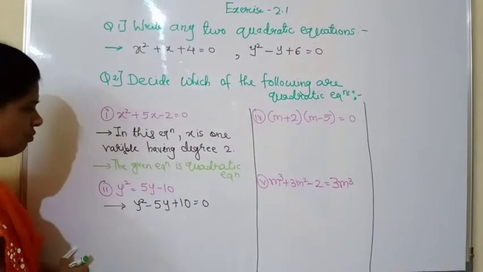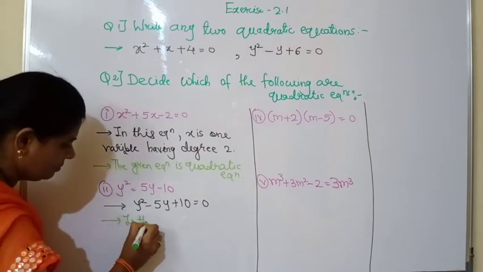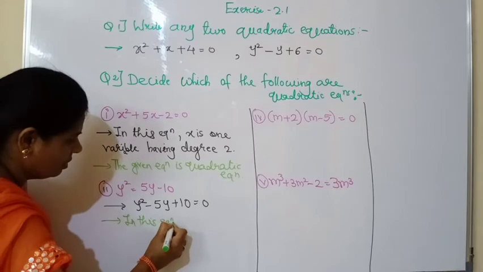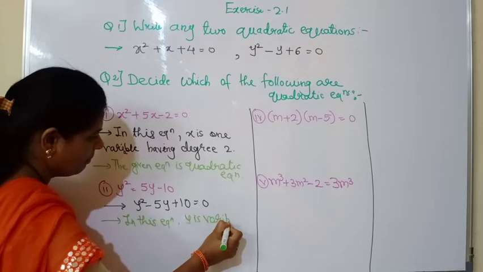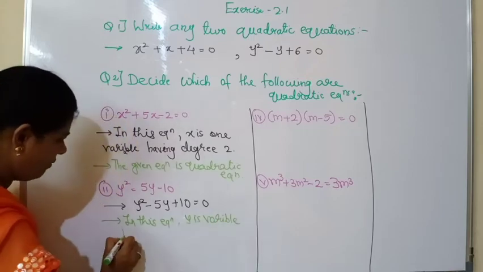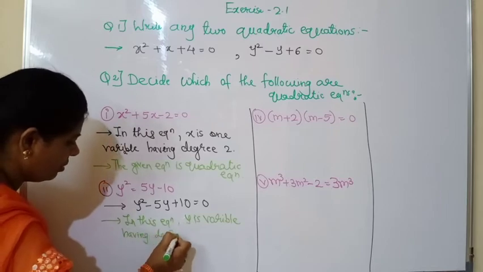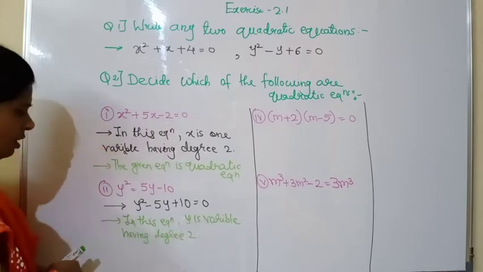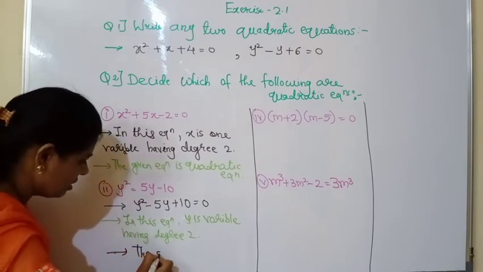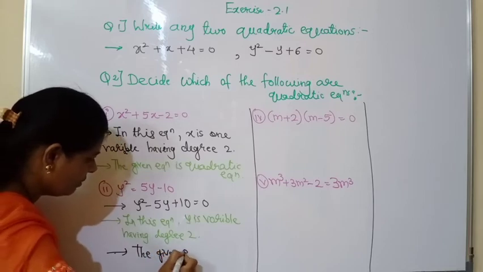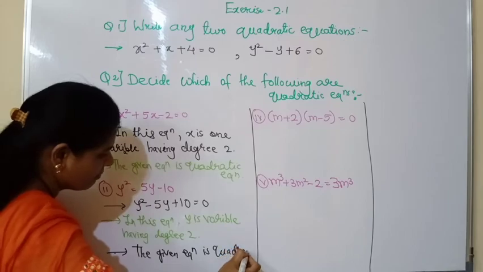So in this equation what we are able to see is that y is the variable having degree 2, and so therefore we can say that the given equation is a quadratic equation.